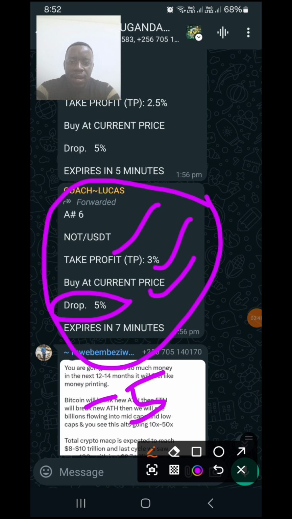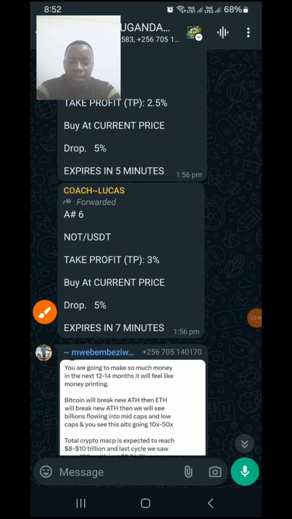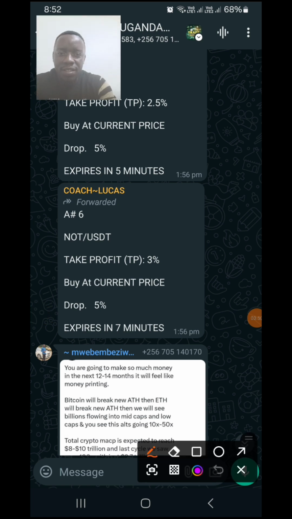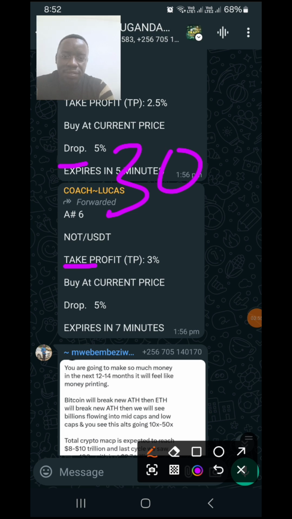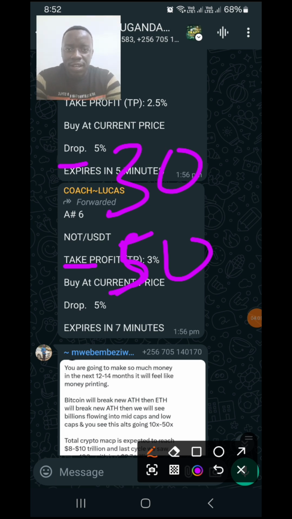But with the buying dip strategy I'm teaching, we prepare for the drop of the coin in negative 30 and above 50. Some of you who are already trading now know your coins are in negative 20, negative 19.